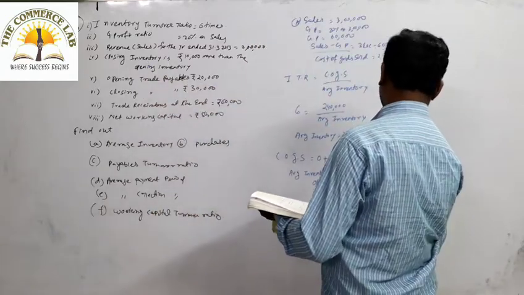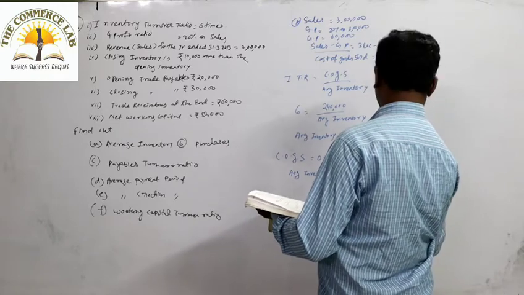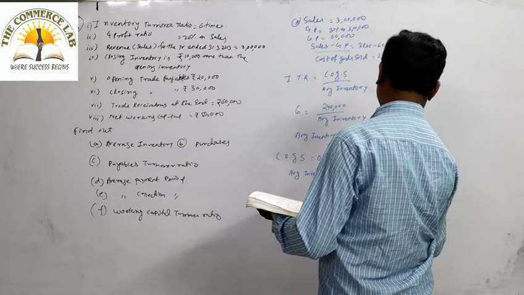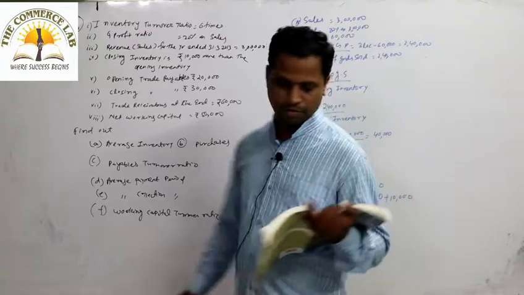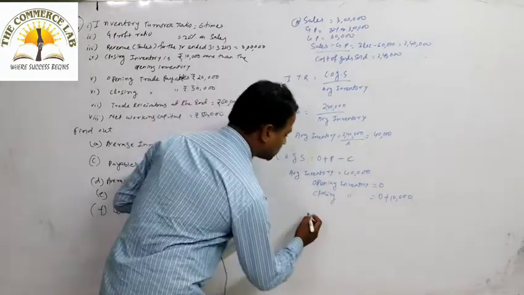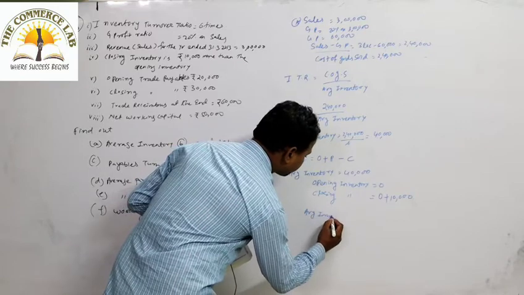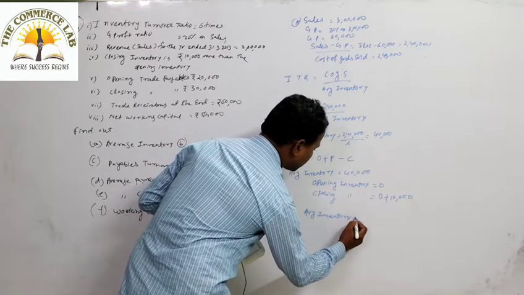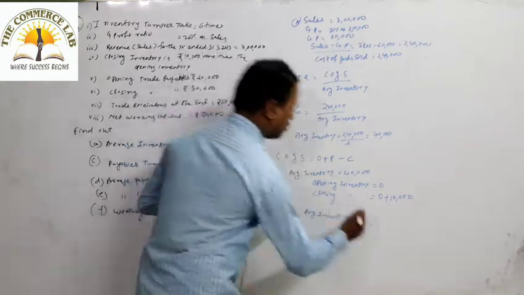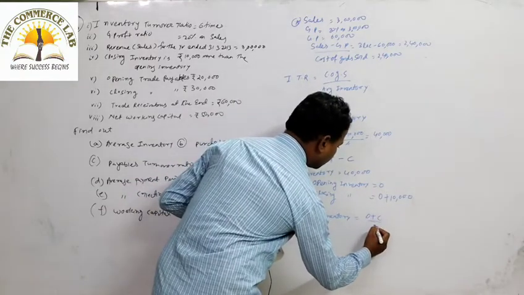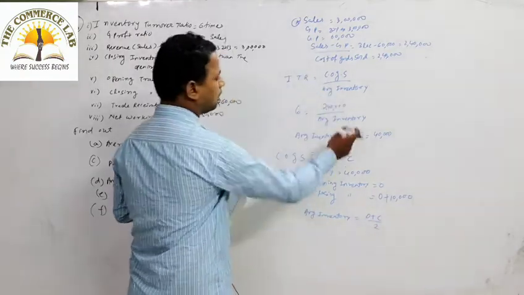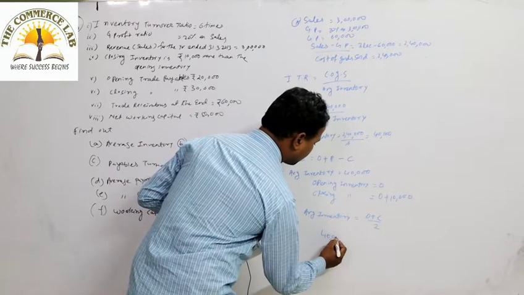So the closing inventory is O plus 10,000. So how is average inventory calculated? We know it is opening inventory plus closing inventory by 2. Already we got the average inventory as 40,000.